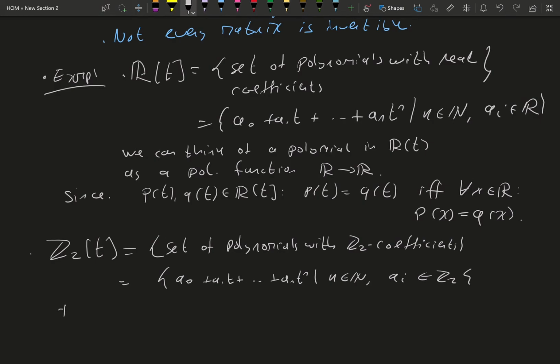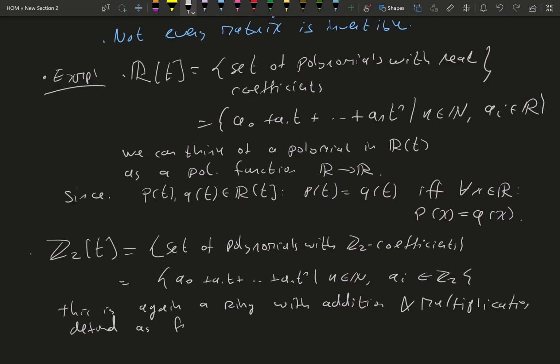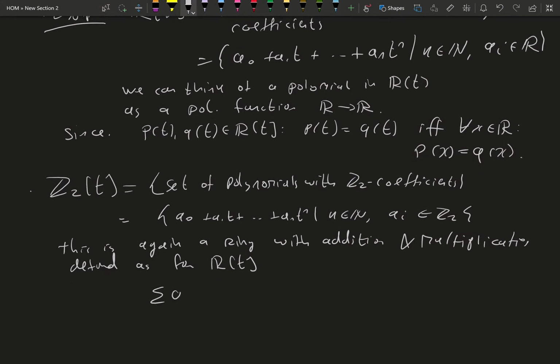And now this is again a ring with addition and multiplication defined as before, as for R[t]. So for example, an t^n plus bn t^n is just the sum (an plus bn) t^n, like so.